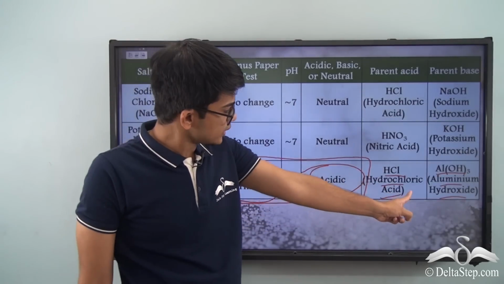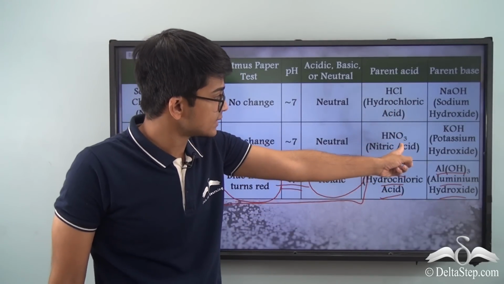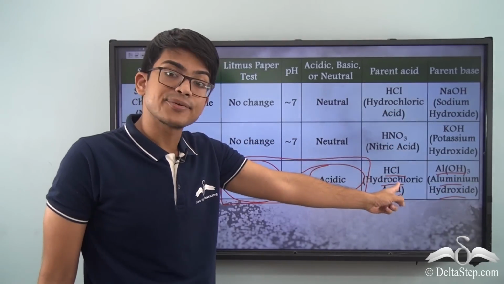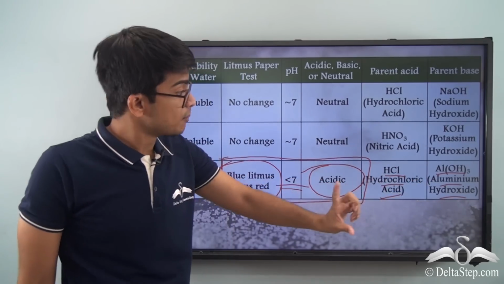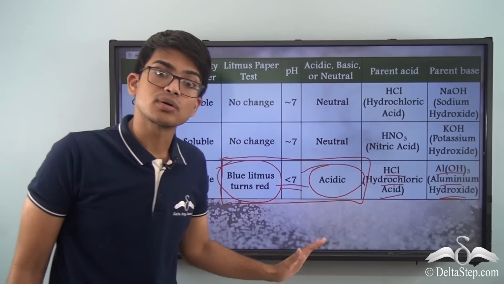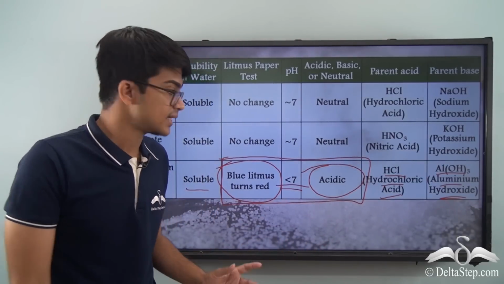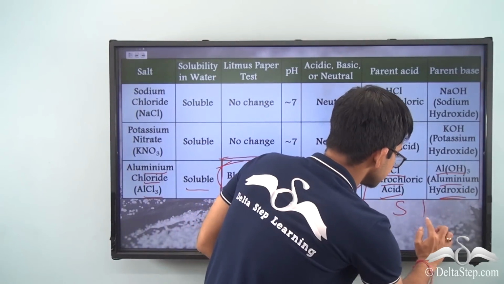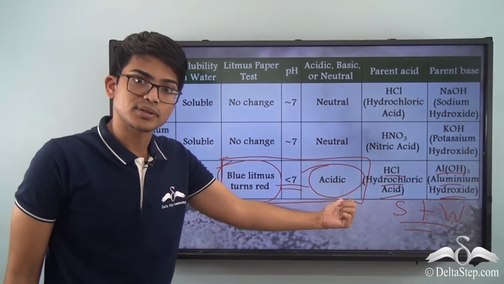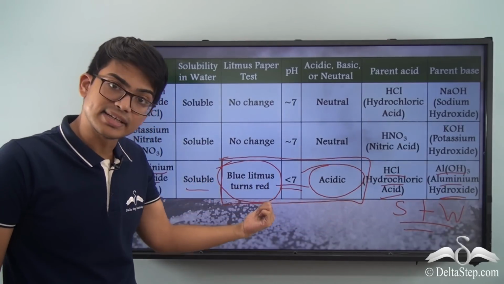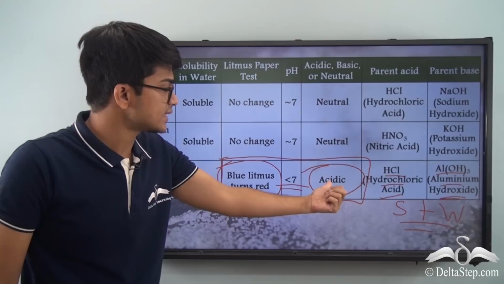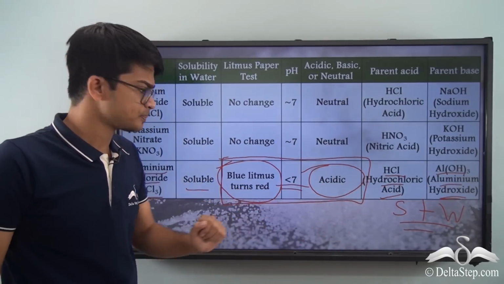Because hydrochloric acid, like the previous acid, nitric acid, is a strong acid, but aluminium hydroxide is not a strong base, it is a weak base. So basically a strong acid plus a weak base, when they combine, give us an acidic component. Which is why the litmus turns red, the pH is less than 7 and it's acidic.